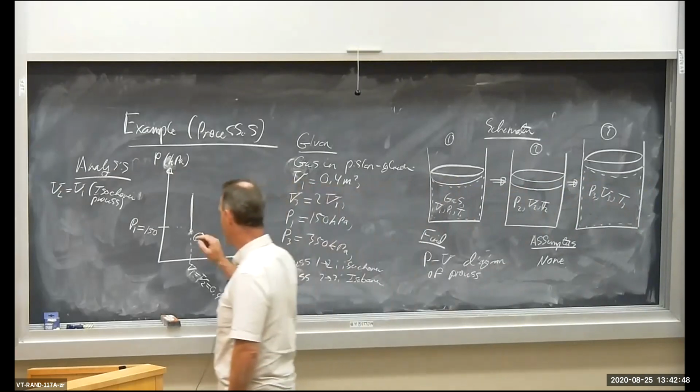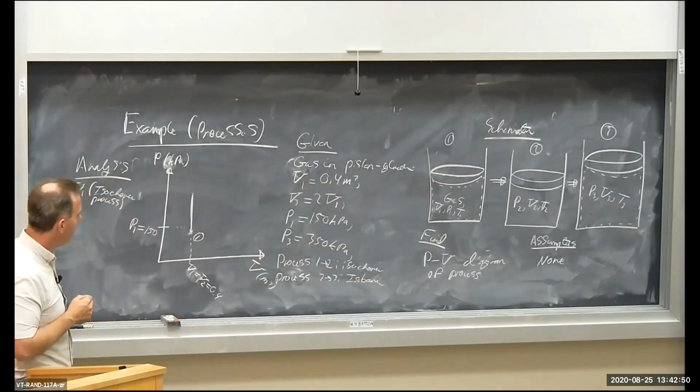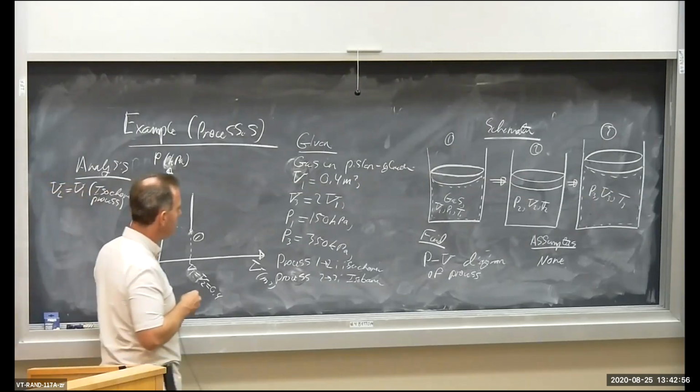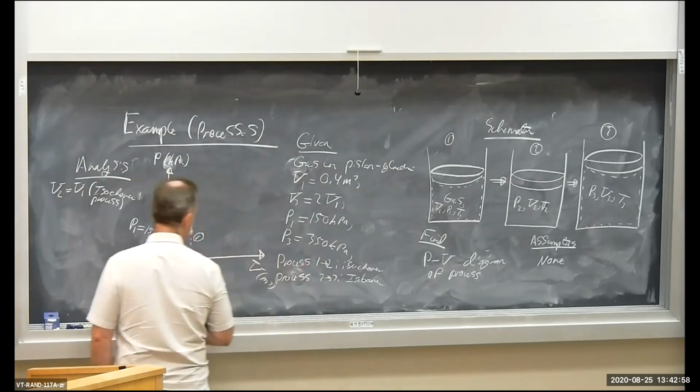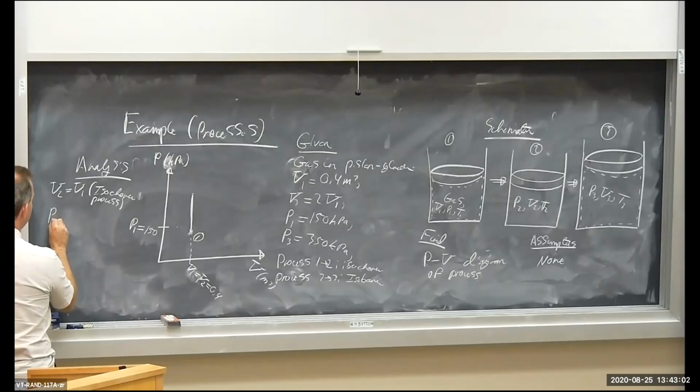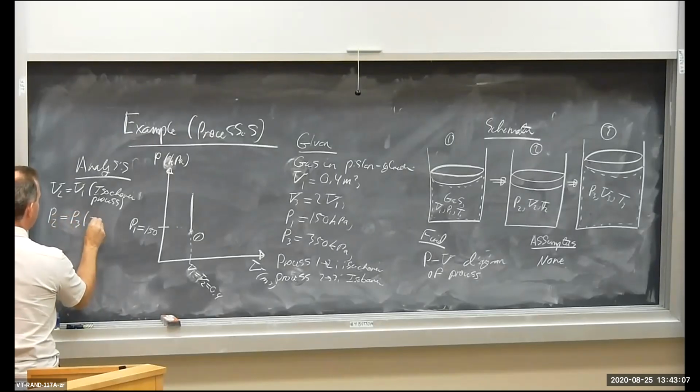I suppose pressure could fall. Where do I go vertically on this PV diagram? Well, note that process 2 to 3 is isobaric. So P2 is also equal to P3 because it's an isobaric process.